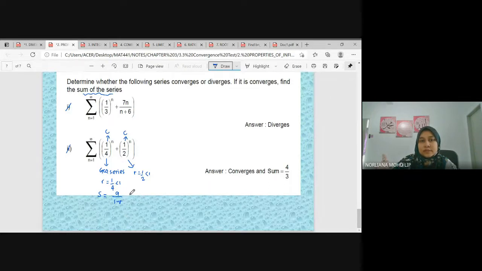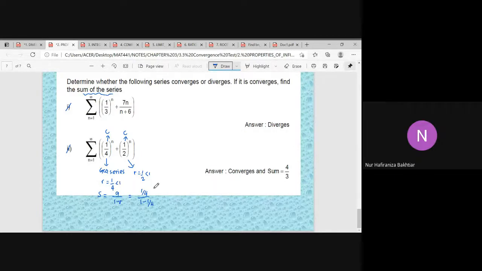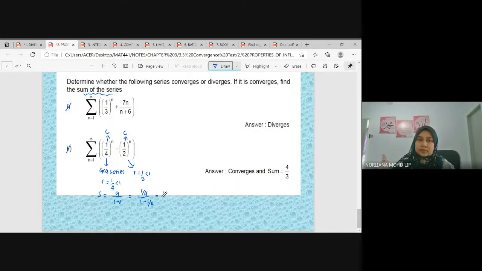Kita masukkanlah kat dalam ni. So A is substitute N equal to 1 into this function. So we get 1 over 4 over 1 minus 1 over 4. So akan dapat sum is 1 over 3. Kalau converge kena cari sum dia.